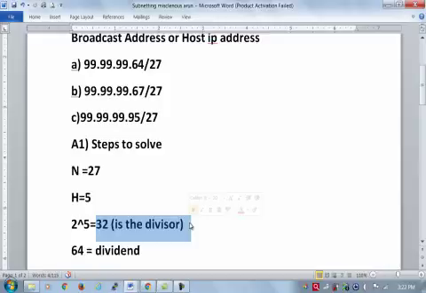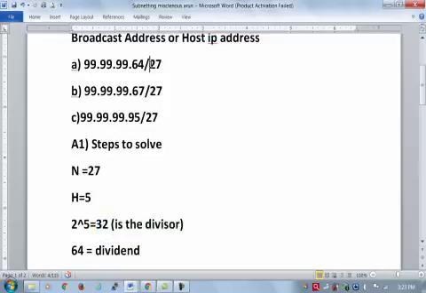To summarize, in this simple problem we have three different addresses, and you have to identify whether the given address is a network address, a broadcast address, or a simple host IP address.